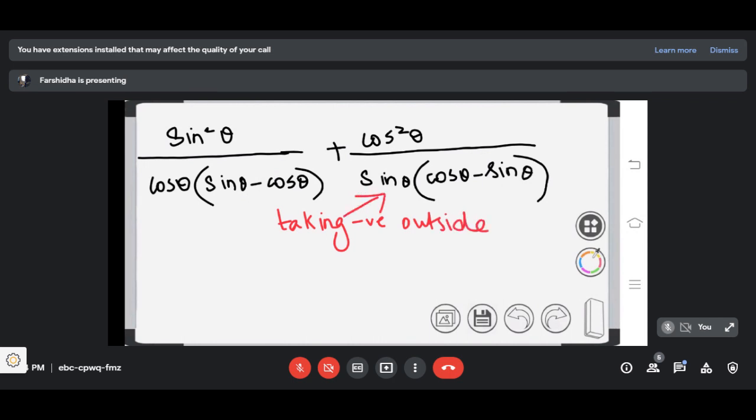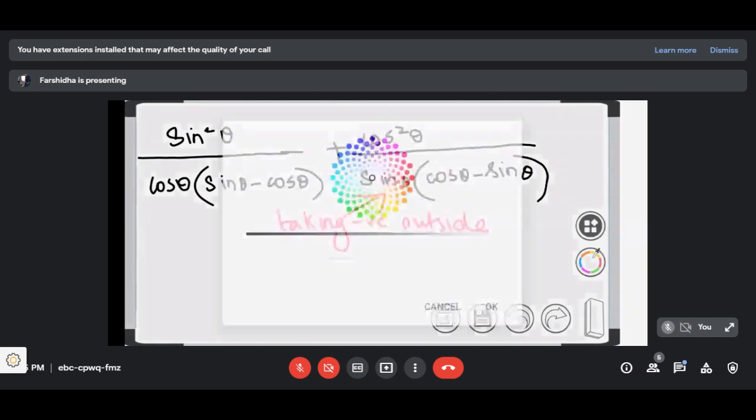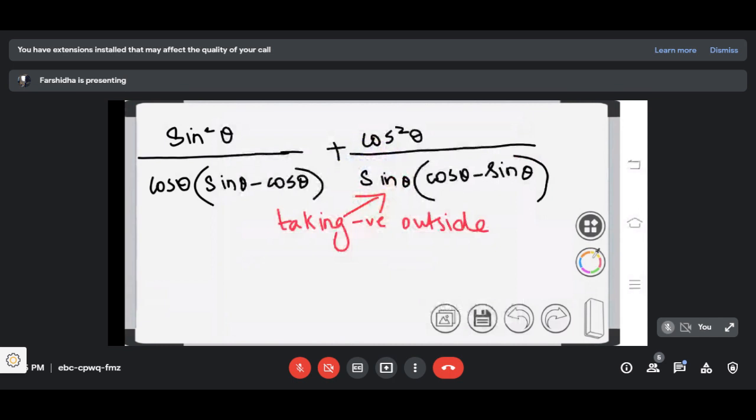Put an arrow like this, taking negative outside. We are taking negative outside from this term, denominator, so that inside the bracket it will change to sin theta minus cos theta, reverse of that. See, the next step you can write sin square theta divided by cos theta into sin theta minus cos theta.